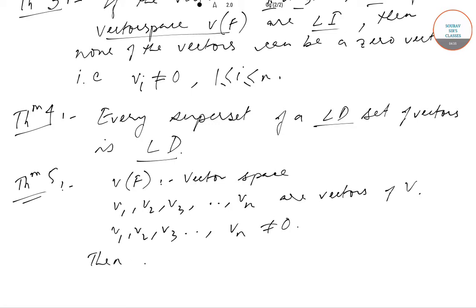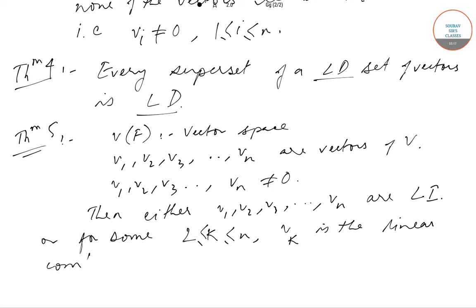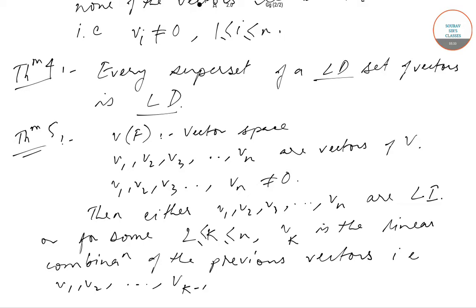Then either v1, v2, v3 up till vn are linearly independent, or for some k which lies between 2 and n, v of k is a linear combination of the previous vectors, that is v1, v2 up till vk minus 1. So this is theorem 5.